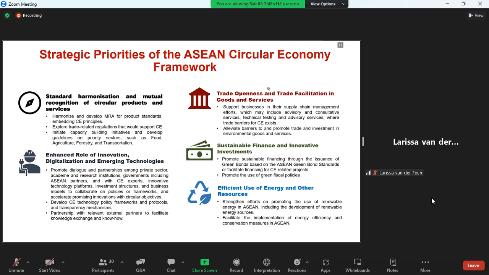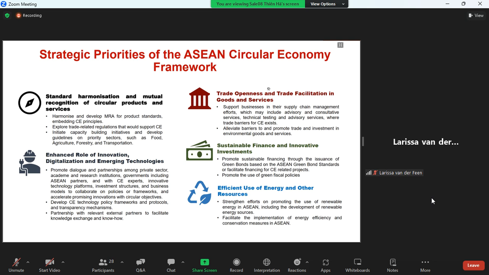The fourth one is competitive sustainable finance and innovative ESG investment. And finally, the fifth one is the efficient use of energy and other resources. So these 5 strategic priorities were identified.